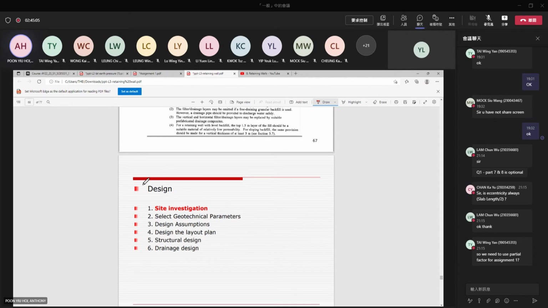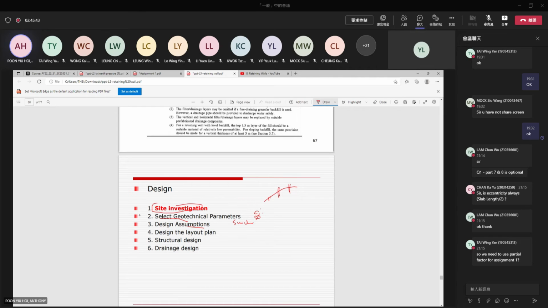Okay, so we recap what we need to do in the design. We need to do a very good site investigation, and we need to select the parameters. So in a site investigation, we have to drill holes to collect samples, and then we also need to obtain the design geotechnical parameters, design assumptions, whether there's surcharge.